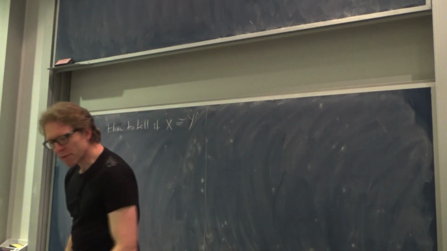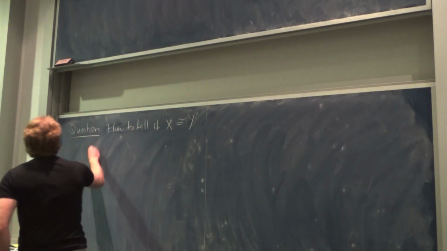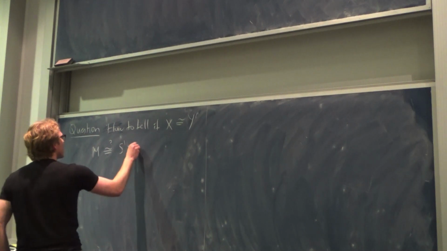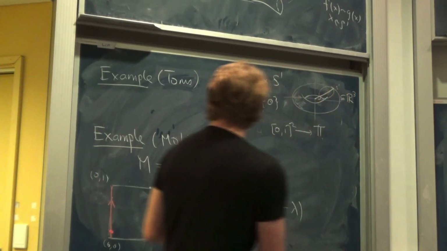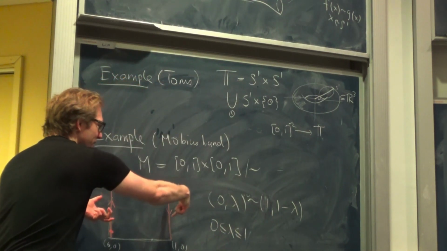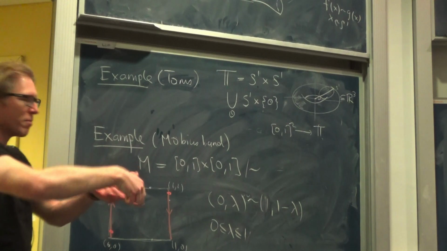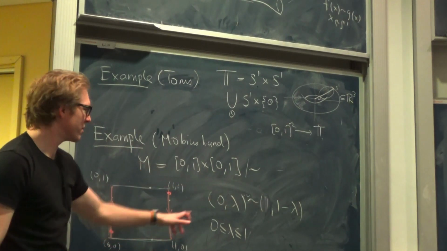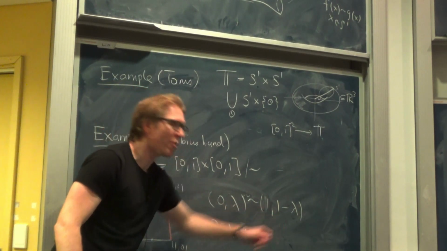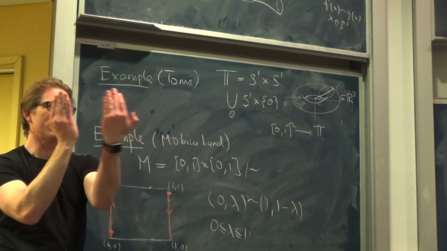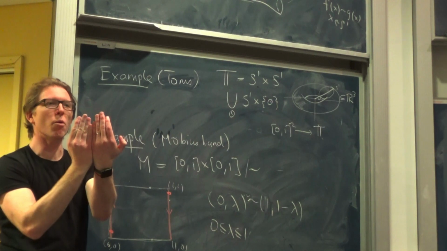So I'll take some examples from the list we've already constructed. What about this, for instance? The Mobius band was where I took these edges and identified them with the 1 minus lambda business. If this was just (0, lambda), (1, lambda), that would be taking this strip of paper and just sticking it together in the natural way.